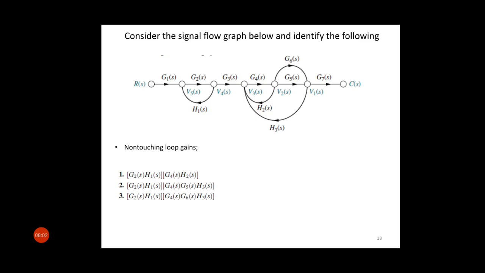The third non-touching pair is loop 1 and loop 4. Loop 1 is G2 into H1, and the fourth one is G4 into G6 into H3. So there are 3 non-touching loops.